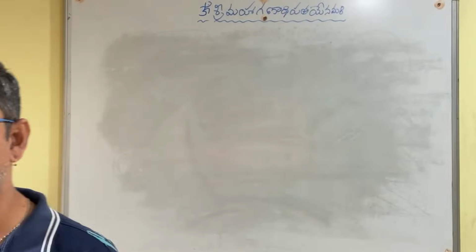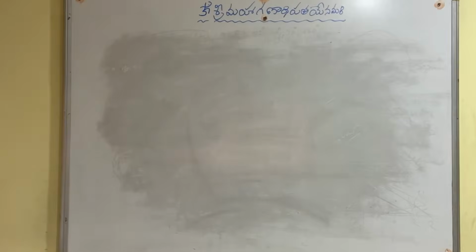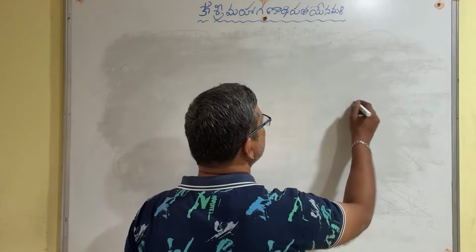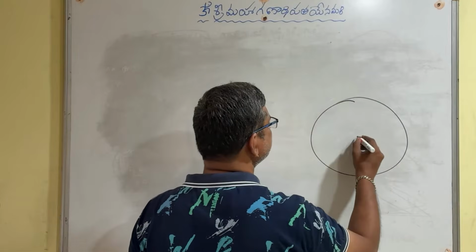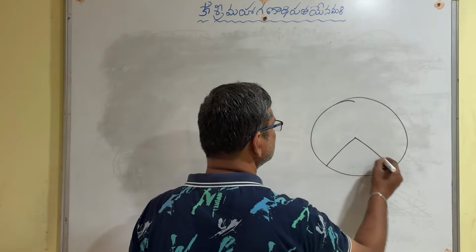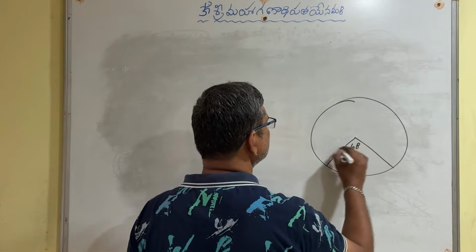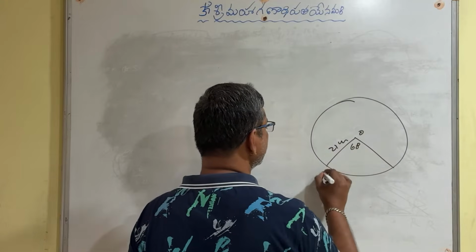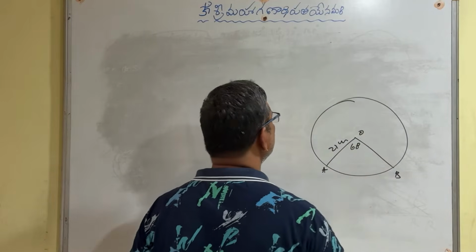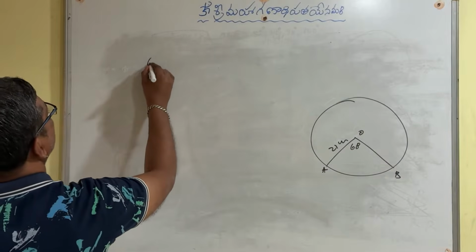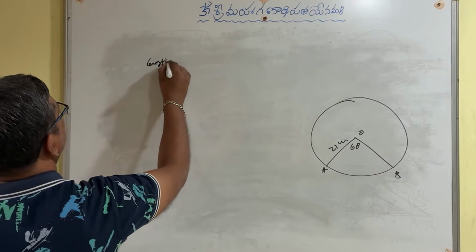Sector angle 60 degrees, radius 21 centimeters. First, what is asked? Length of the arc.